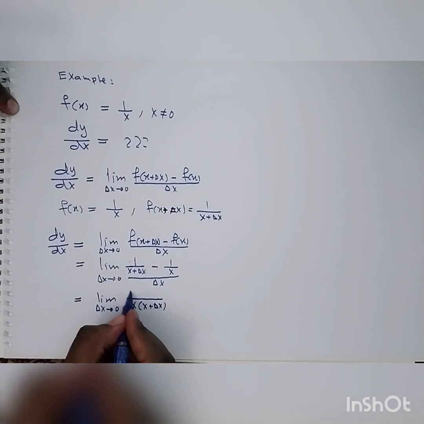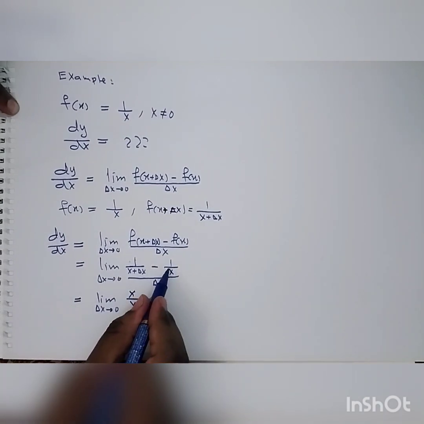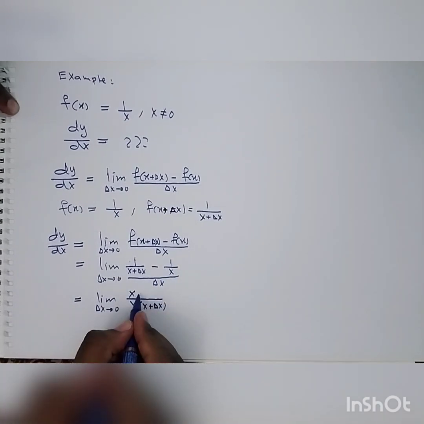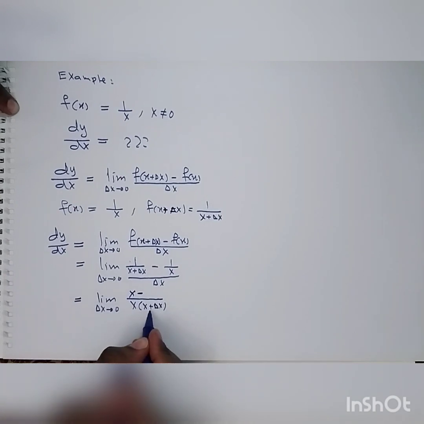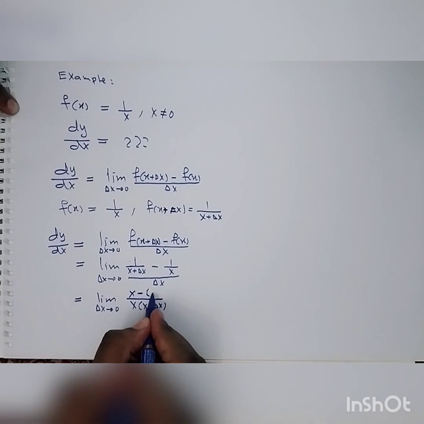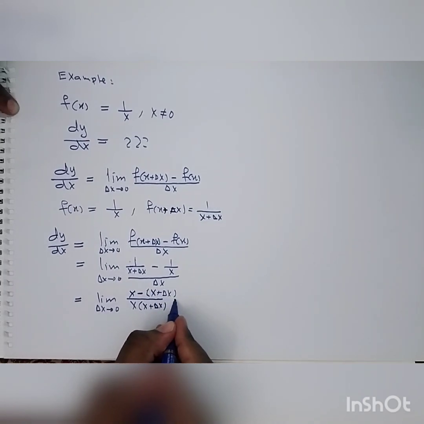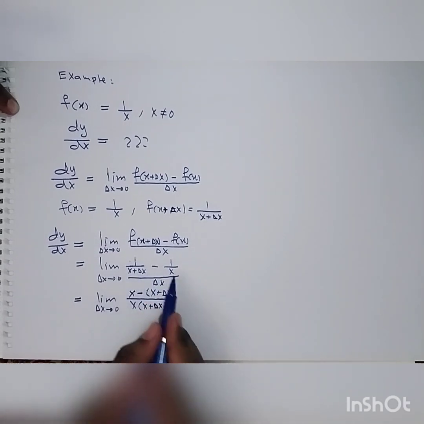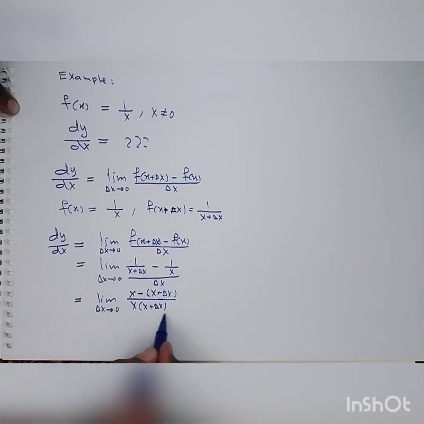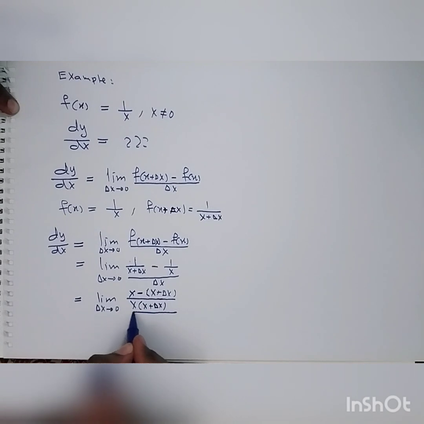We'll write it here, and then we divide this by this, which is x plus delta x minus. Whenever we have more than one term, it is very important to open parentheses or brackets. So then that will be x plus delta x. This is what we have here for the numerator.